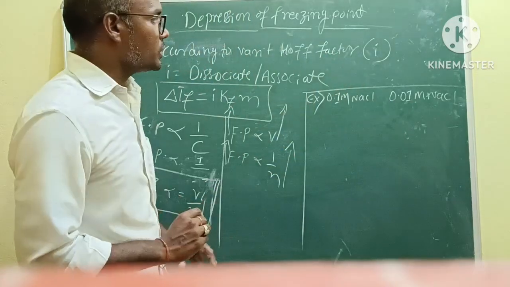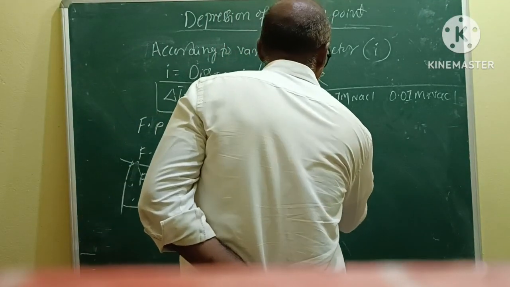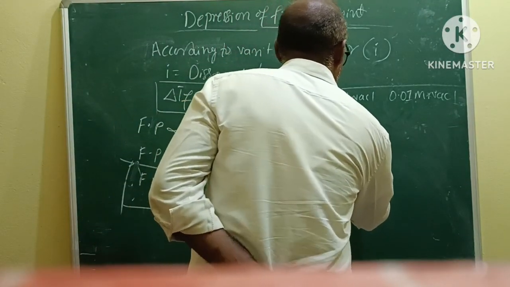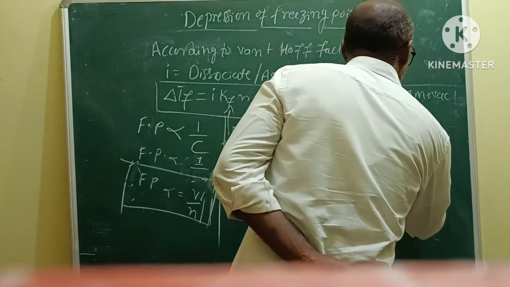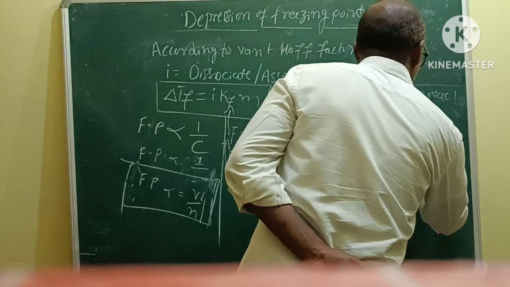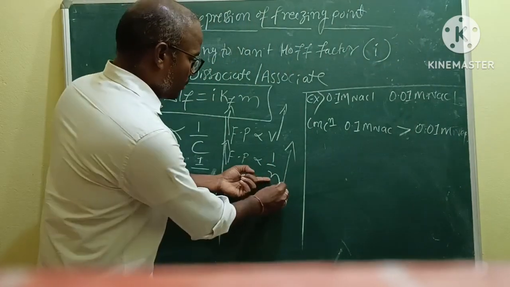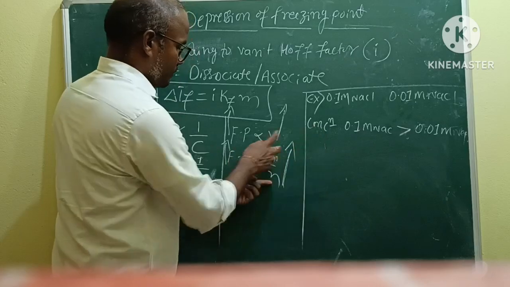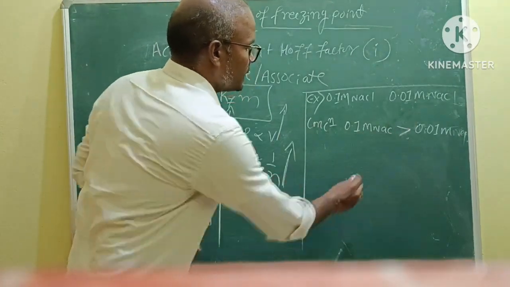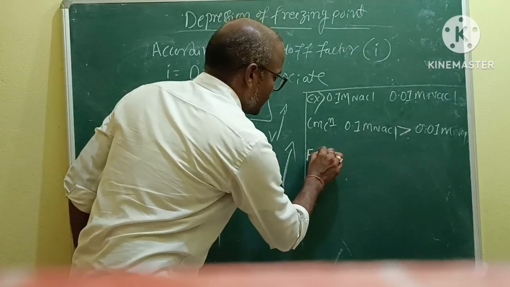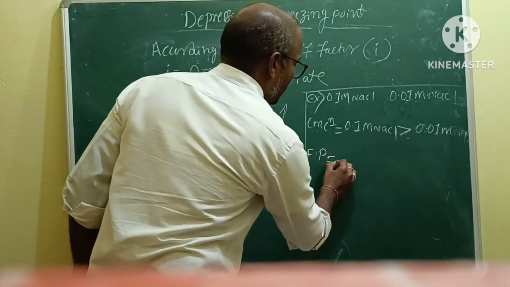When we compare the concentration, 0.1 molar NaCl is more concentrated than 0.01 molar NaCl. According to this formula, if the number of moles is high, then the freezing point decreases. So when you compare the freezing point, what will happen?